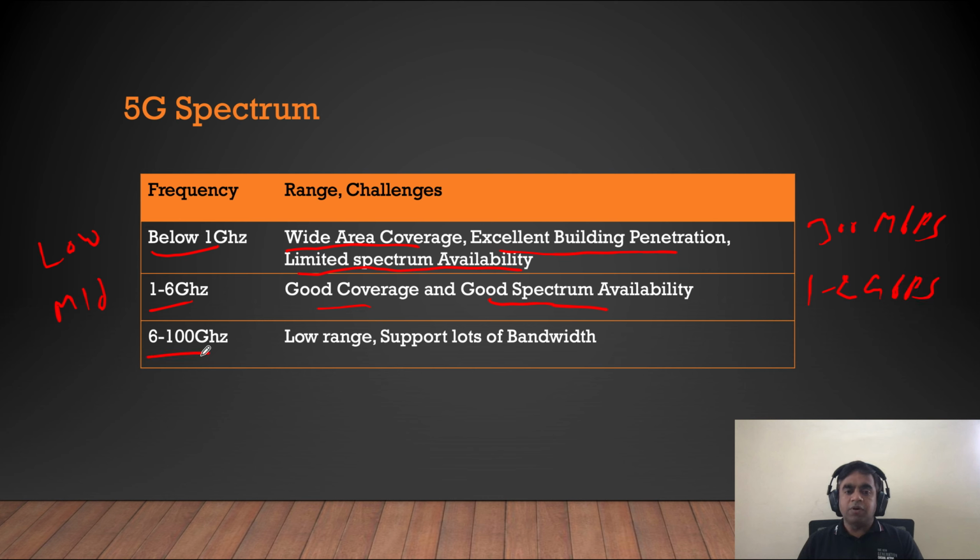And then anything beyond this is the high band, and you can call it FR2. The low and mid bands are FR1. The high band has a short range, but it supports lots and lots of bandwidth, as we had seen, but it cannot travel further.